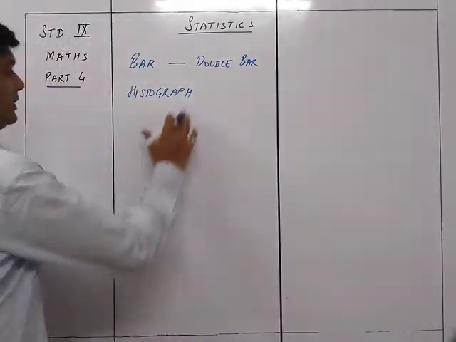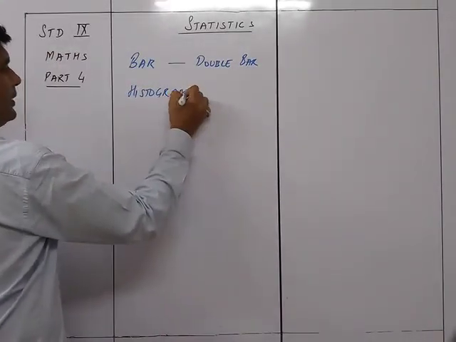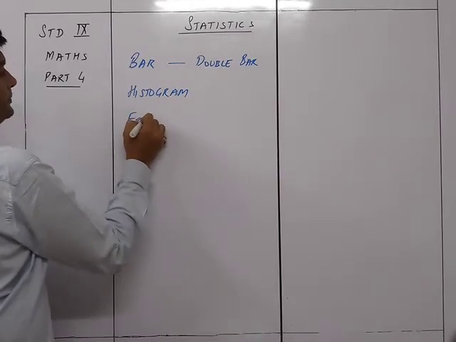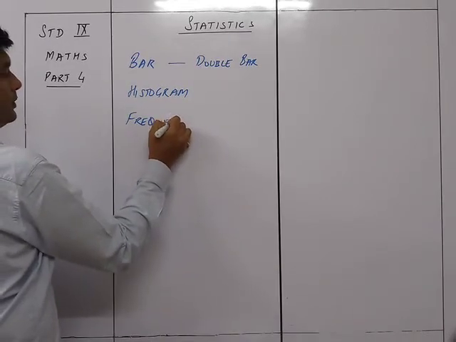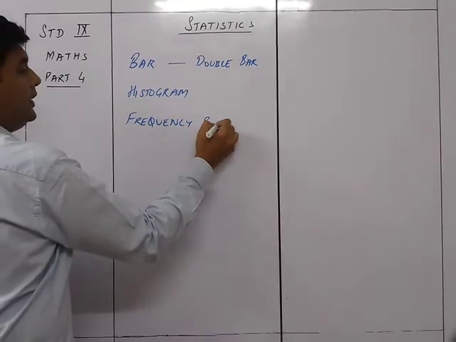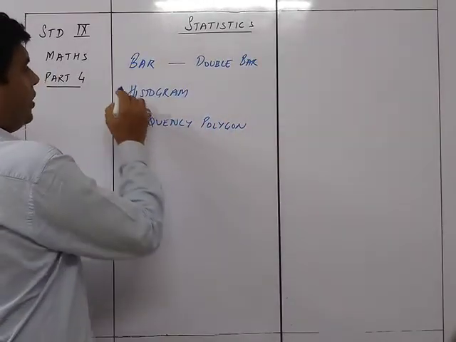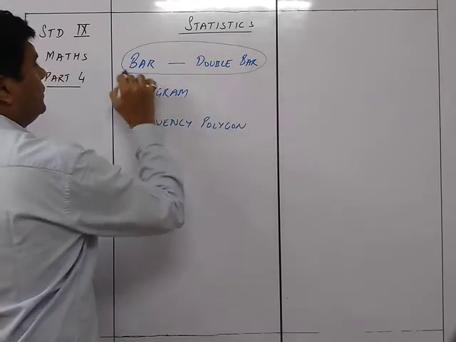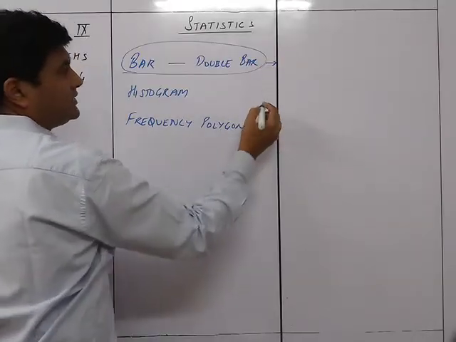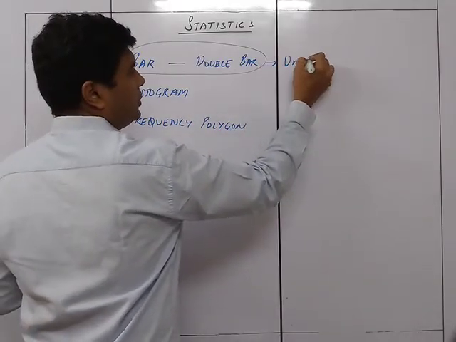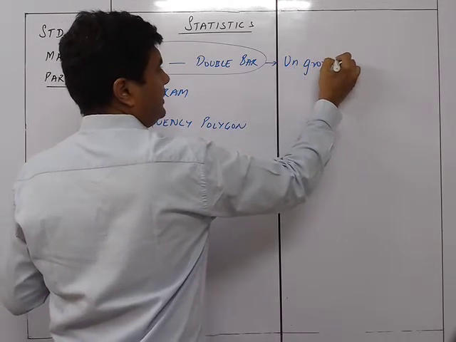So histogram and frequency polygon. Now it should be noted here that for a bar graph, what you require is ungrouped data.